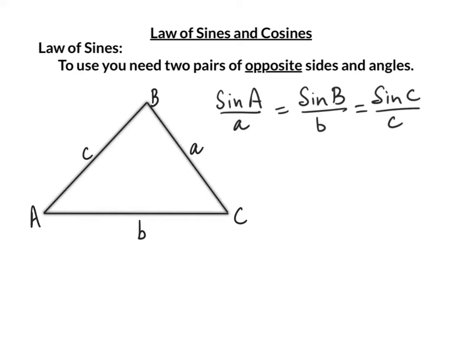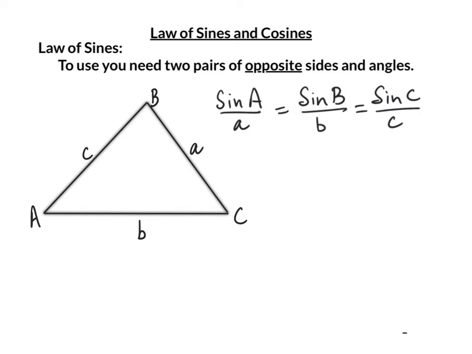Today, we're going to look at the law of sines and cosines. The law of sines is about opposites. The first thing you need to notice is how the triangle is labeled. Angles are labeled with capital letters, and notice the lowercase sides in each case are opposite their corresponding capital letter.